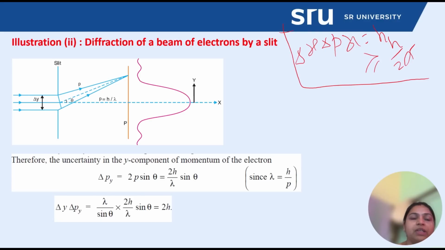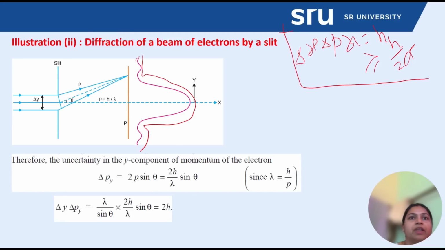Here there is a screen, and a beam of light is coming; by passing through this slit, and by setting the diffraction angle, it can be projected on the screen, and you can find a spectrum like that.